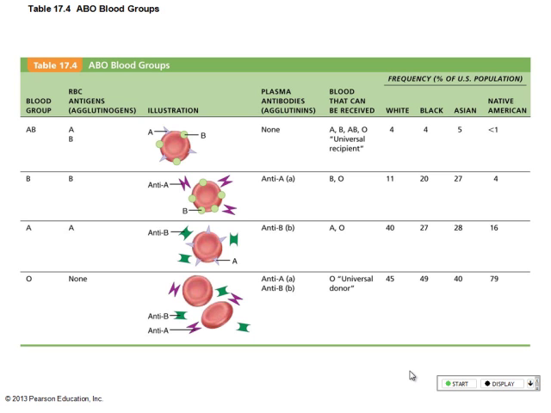And if you're type AB, you have two different antigens on the surface of your cells, type A and type B. If you're type B, what kind of antigens do you have on the surface of your cells? B. If you're type A, what kind of antigens do you have on the surface of your cell?